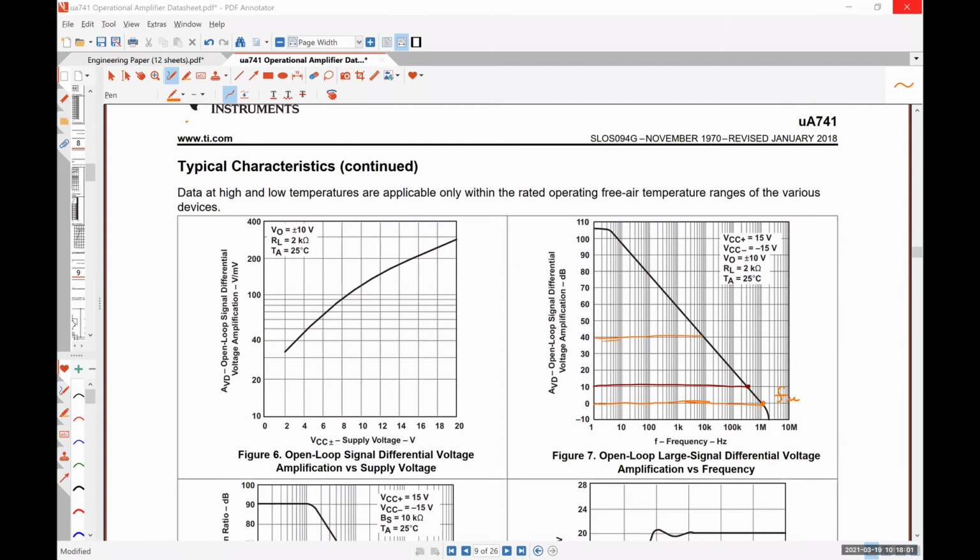If we increase this further, we see that our gain has fallen down even more. And if I increase this further, it's going to be so busy on this time scale that we can't actually see anything that's going on.